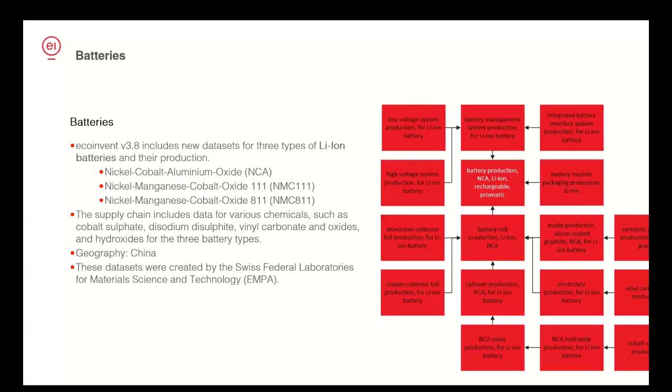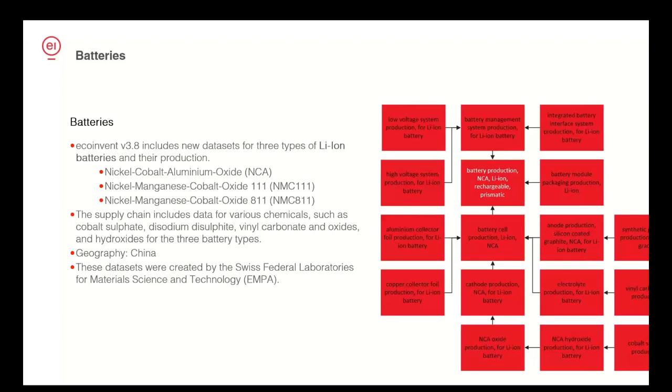And the different processes cover all individual battery components. So the cathode, the anode, high and low voltage systems, the cells, and battery management systems. Each of those is split, and each is represented as an individual dataset.